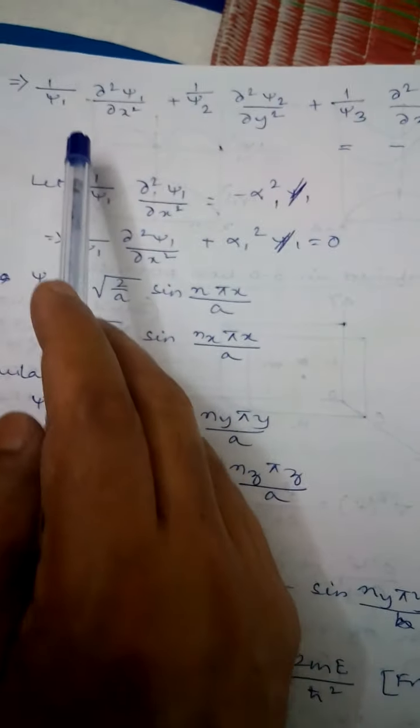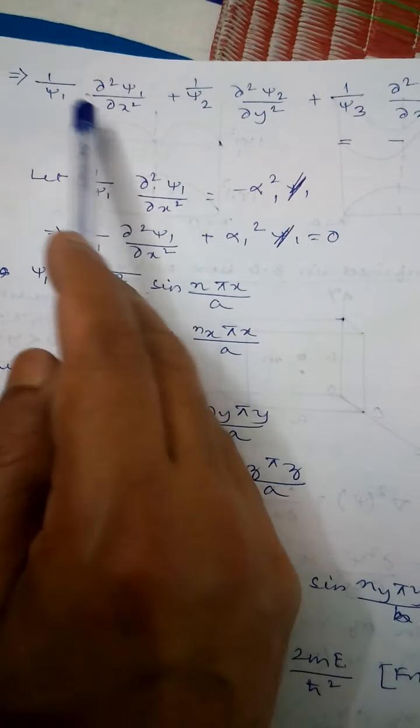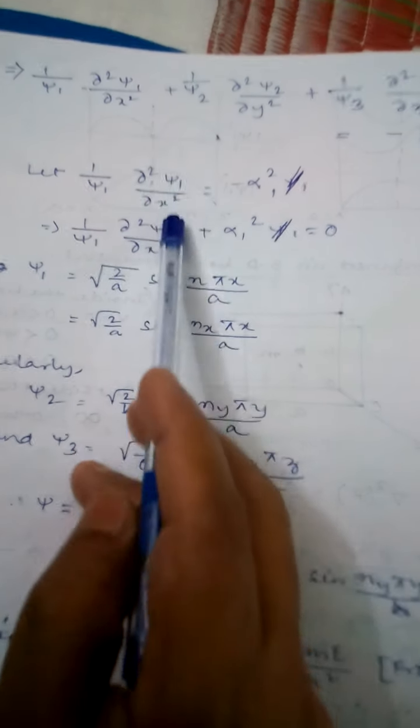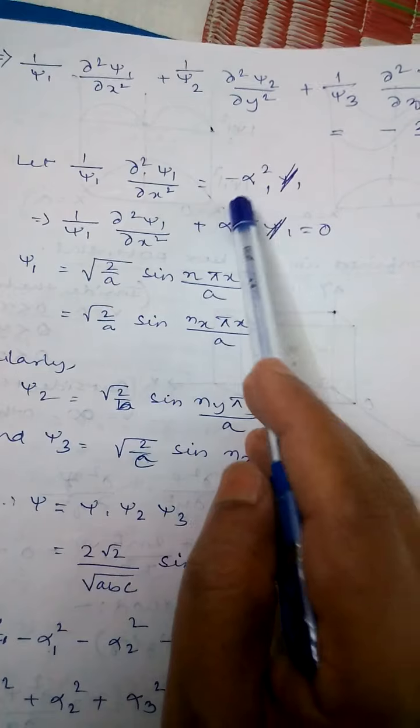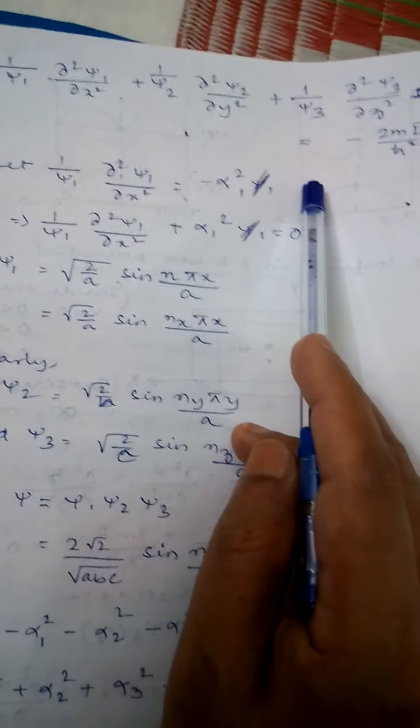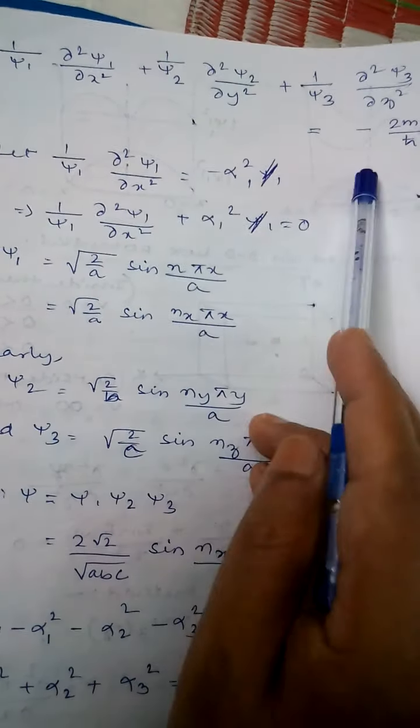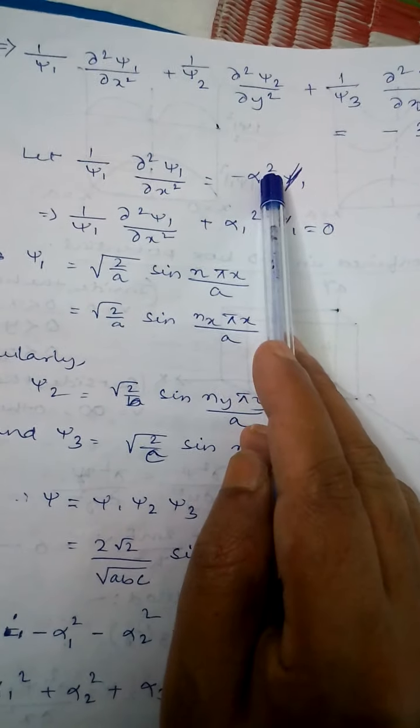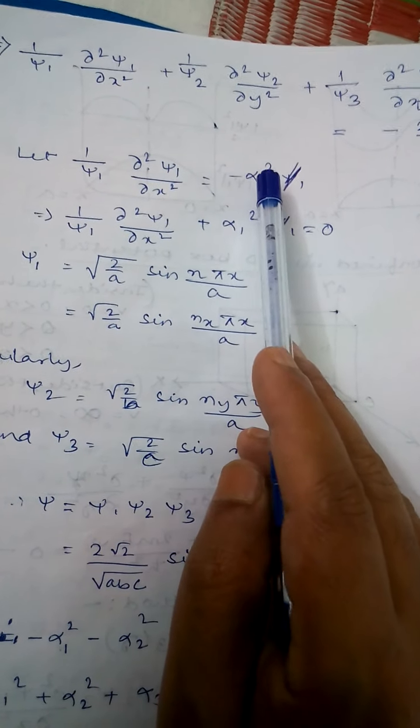So let us consider this term, 1 by psi 1 del square psi 1 by del x square, equals minus alpha 1 square. It is our choice. Suppose we have a constant minus alpha 1 square.